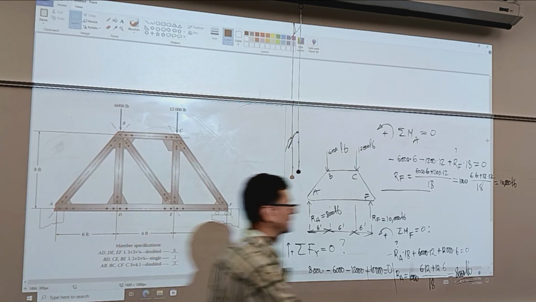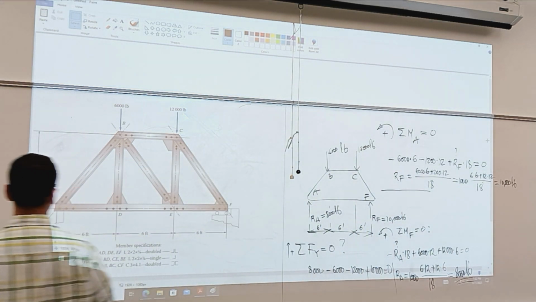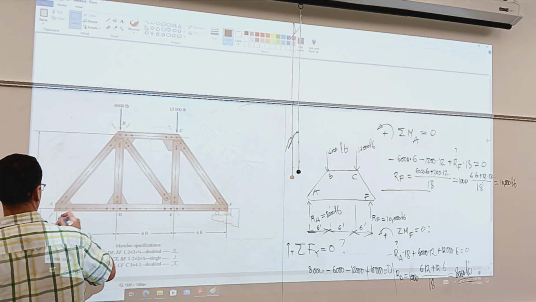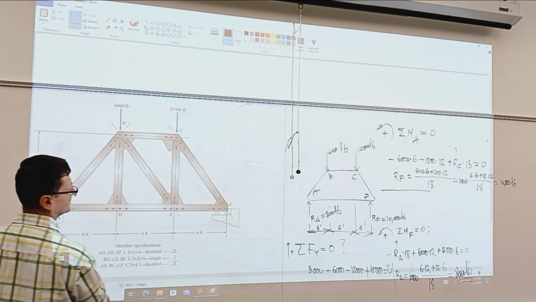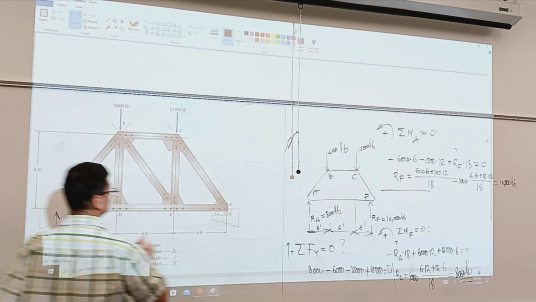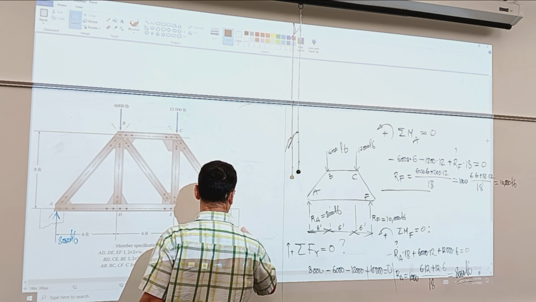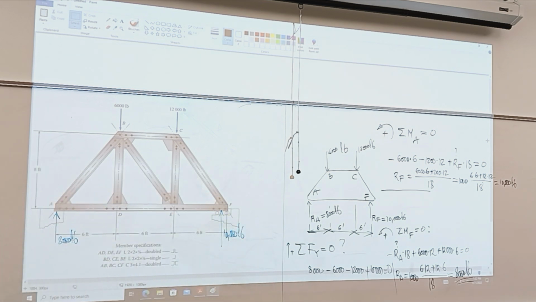So let me show them directly on this original figure. Again, this is 8,000 pounds, and this is 10,000 pounds. Okay?